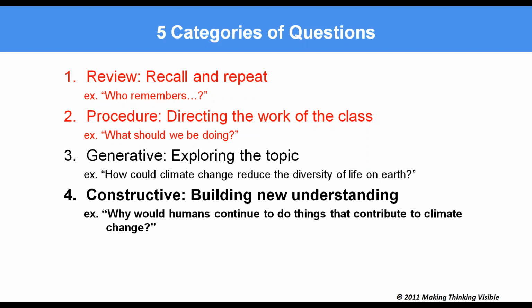Okay, so if you think about this question, what it's asking students to do is to think about the context of people and the context of climate change, and think about the things that people do that cause climate change, and think about humans who know, just like we know, that certain things contribute to climate change.